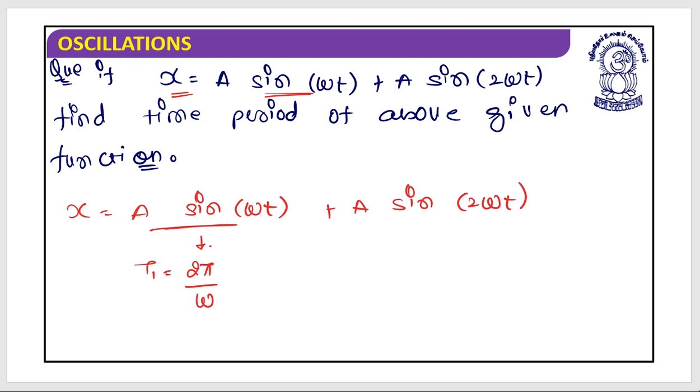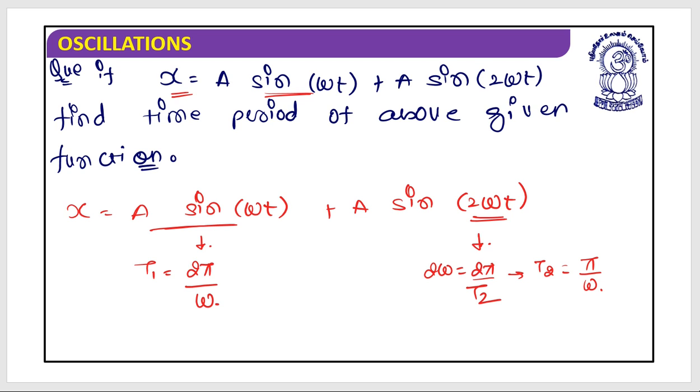If I consider the first as a single function, then T1 equals 2π by ω. And for the second function, 2ω equals 2π by T2, and from this T2 equals π by ω.